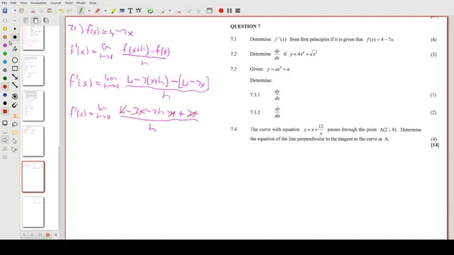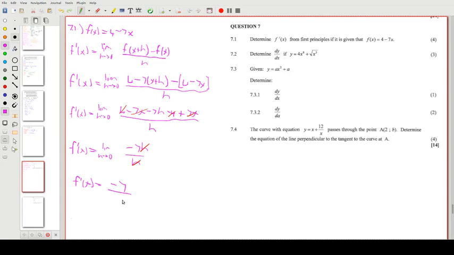So what we're left with is f prime of x equals the limit as h approaches 0 of negative 7h over h. And then we can see the h's here can cancel, so finally we're just left with f prime of x equals negative 7, and that's it.